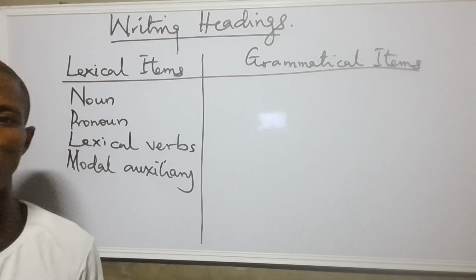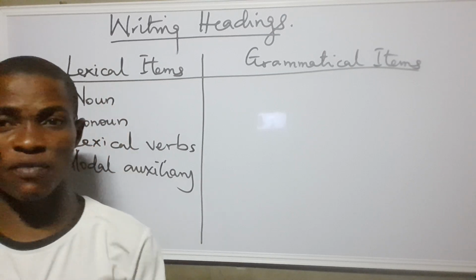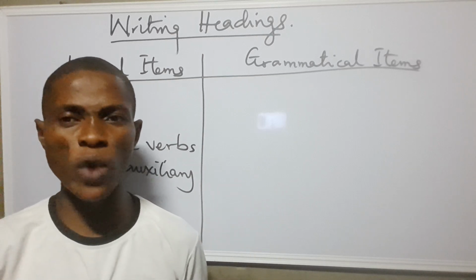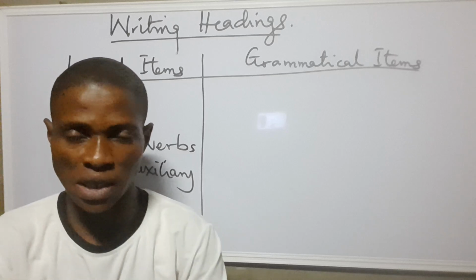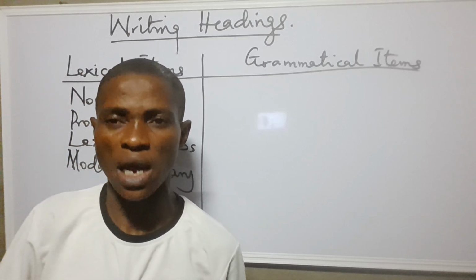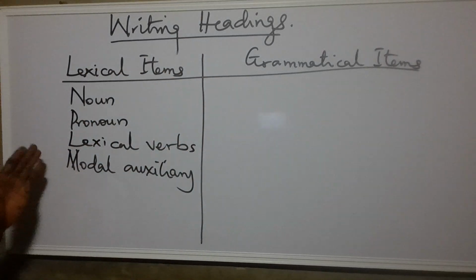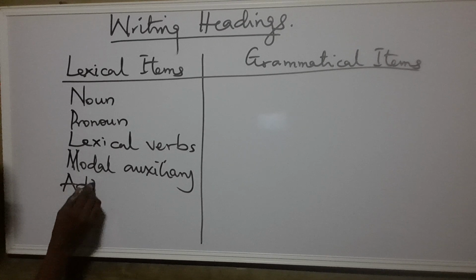For instance, if I say, tomorrow I shall travel, definitely I'm giving a prediction. It has a meaning. Or, this evening I will do it. Definitely I'm certain that I have the willingness to do something. That shows it's not just a grammatical item there, it's expressing a certain decision there. At the same time, apart from this one, we also consider items belonging to the category of adjectives.